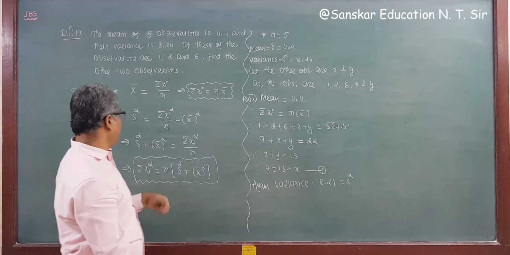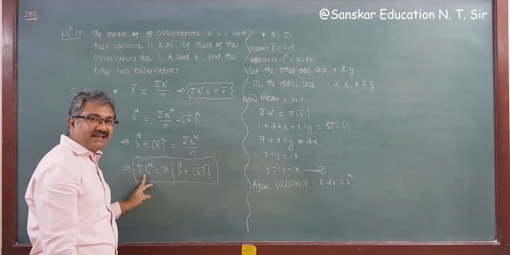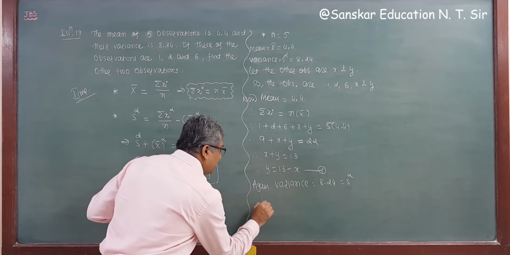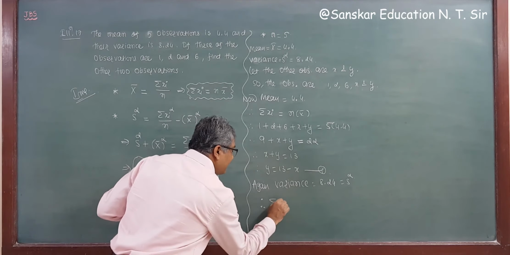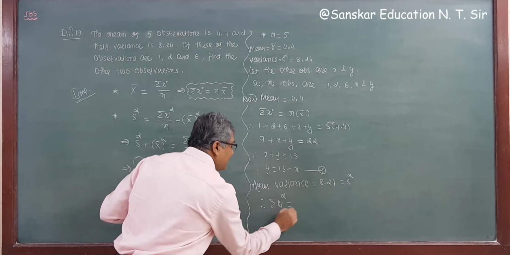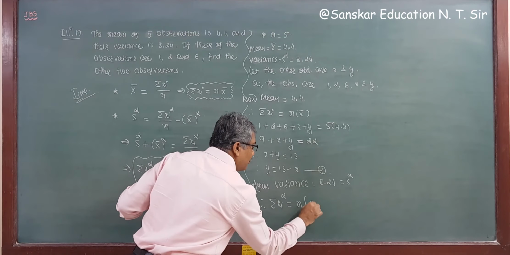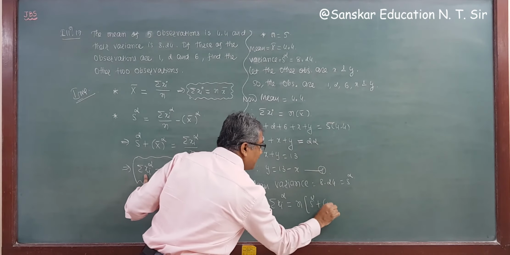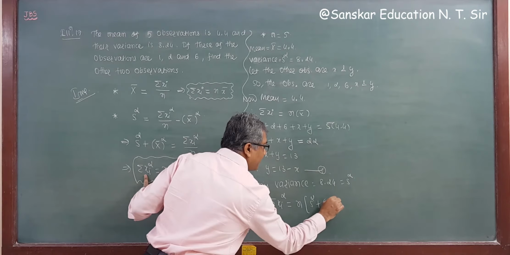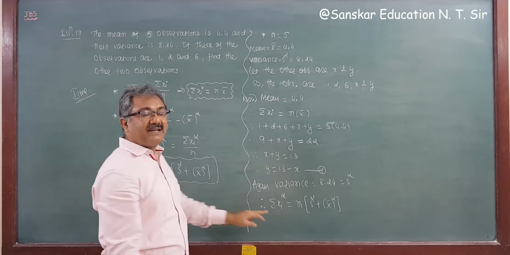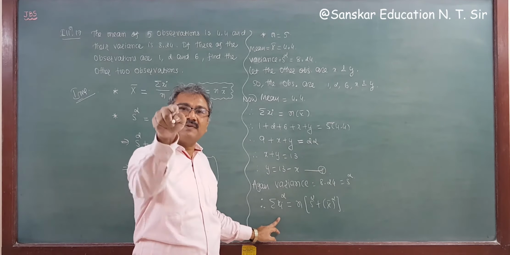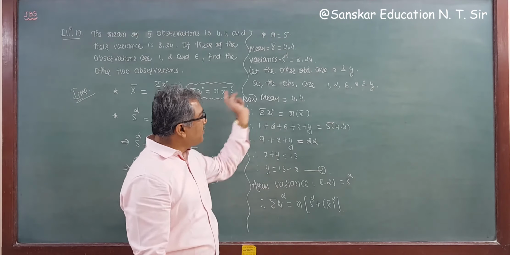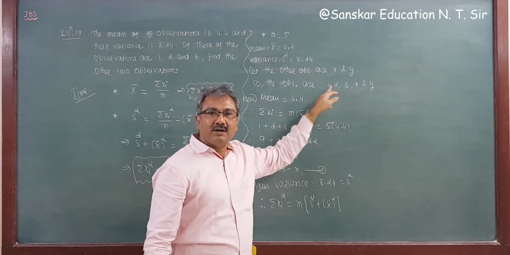Now for variance we have to use this formula, we want sigma xi square. So sigma xi square is equal to n into (variance plus mean whole square). This is your formula. Sigma xi square means the sum of the squares of the observations.